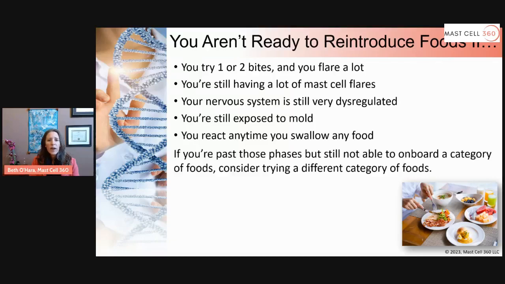And if you're past those phases, let's say you've passed all of these. So you're not flaring all the time, nervous system's better, you're out of mold, you're not reacting whenever you eat. But you keep trying foods and you're stuck, it's not working. Well, you may not be ready, for example, to reintroduce histamines.